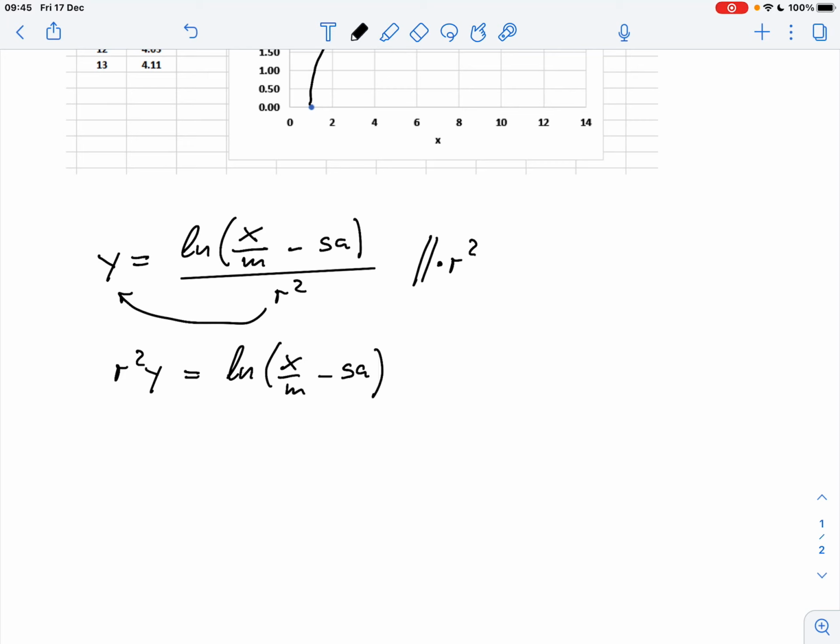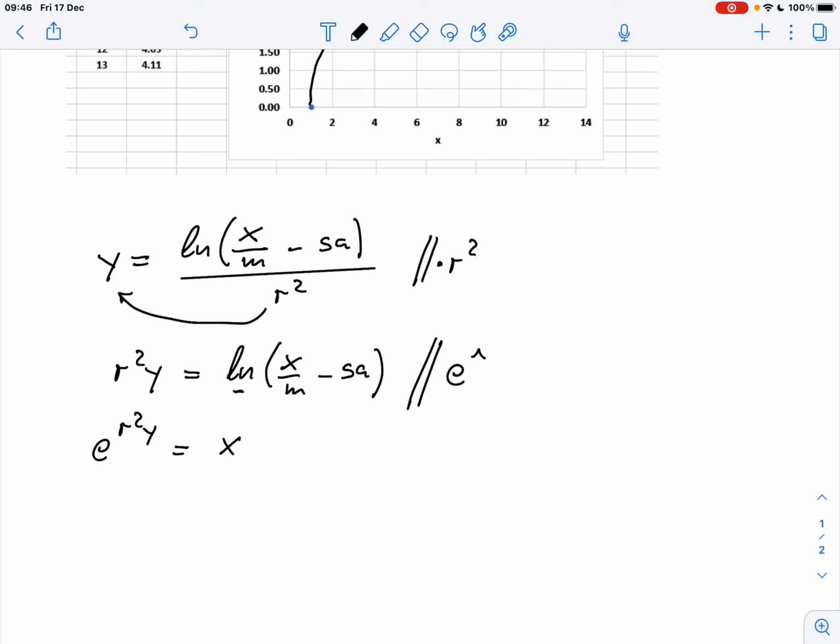Now the next step is I need to get rid of the ln function here, and I do that by taking both sides to the power of e. That means on the left hand side I get e to the power of r squared y equals, and e and ln cancel each other out because they are inverse mathematical operations.